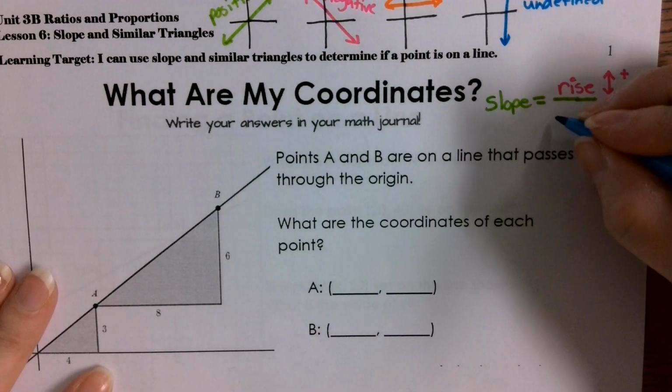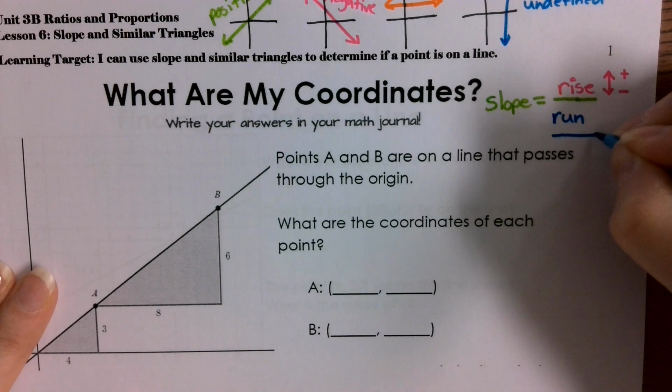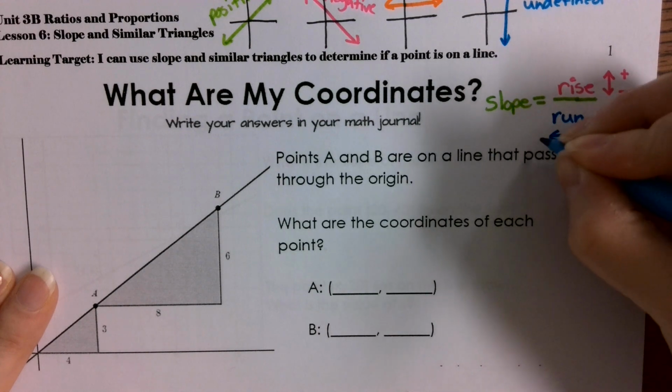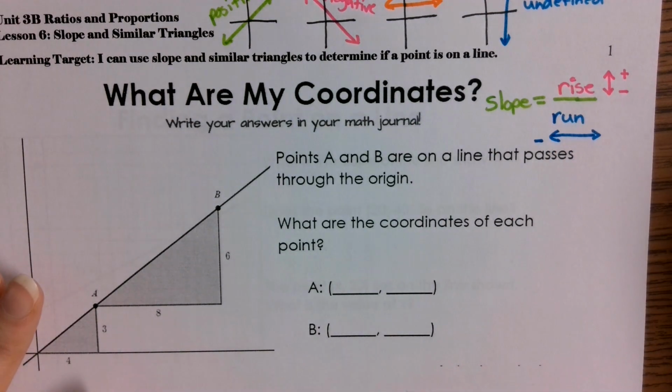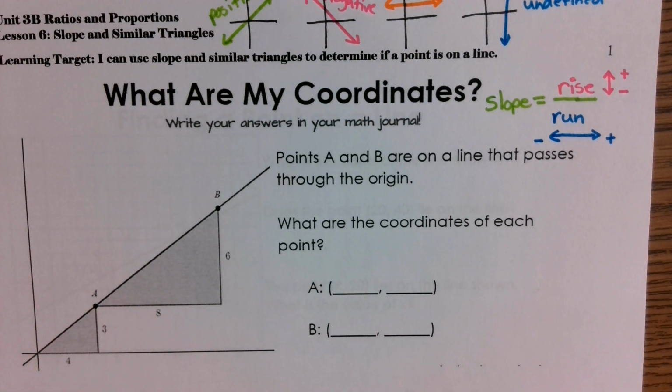And then in your denominator, we have our run, which happens to move left to right. Moving to the left would be a negative value. Moving to the right would be a positive value. Okay, so we're getting those ideas for our slope.